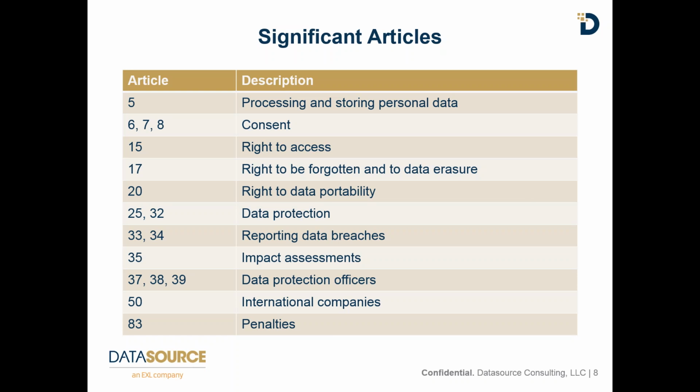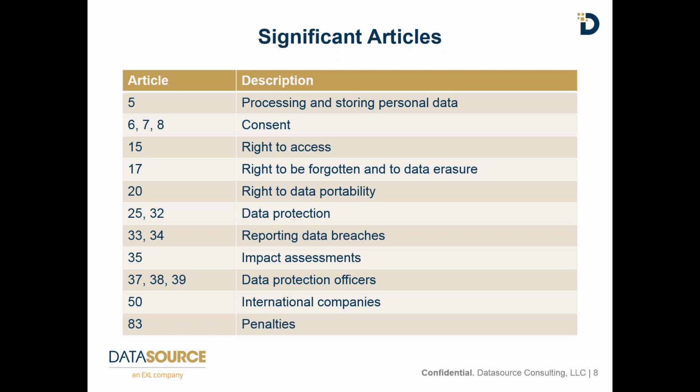Article 17, the right to be forgotten and to data erasure. EU citizens can expect companies to stop processing and to delete their personal data upon request. So you can see the type of impact that can have on an organization, even knowing where that information and that data resides.